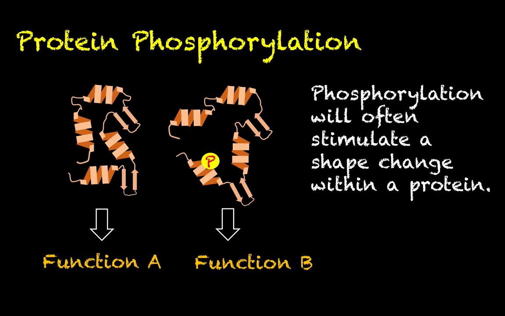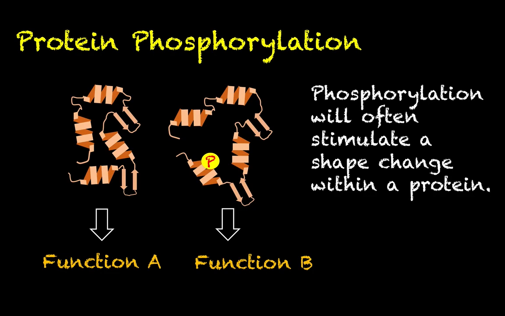So, through signal transduction, if we activate a kinase that phosphorylates a protein, we can potentially change that protein's function, and the cell's response to the signaling molecule is probably going to be in large part due to the change in function for this protein or some set of proteins found inside the cell.